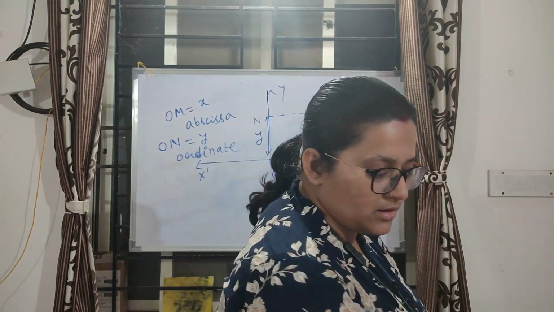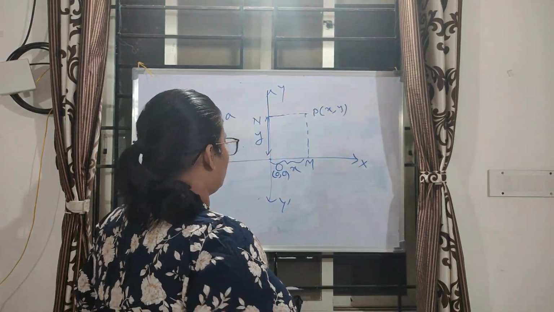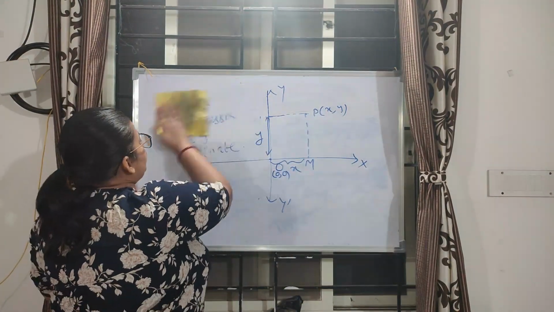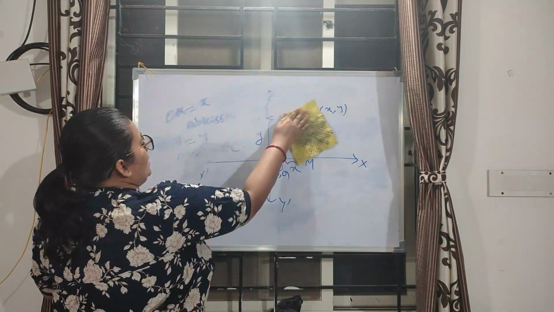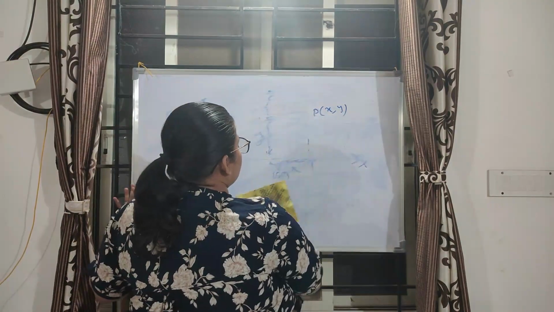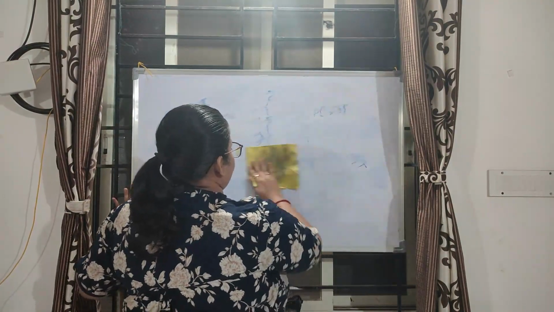Okay. So now I am coming to the distance formula. This is basically the distance between 2 points in the rectangular coordinate system.